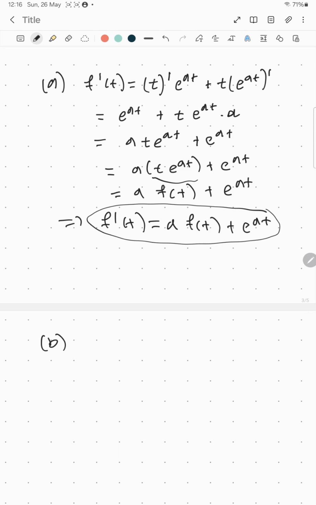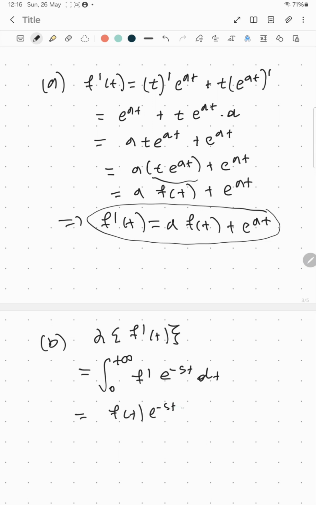Before going to part B, I need to find the Laplace transform of f prime. So I take the integral from 0 to infinity f prime e to the minus st dt. So it's f of t e to minus st. I do integration by parts plus s integral from 0 to infinity f of t e to the minus st dt.